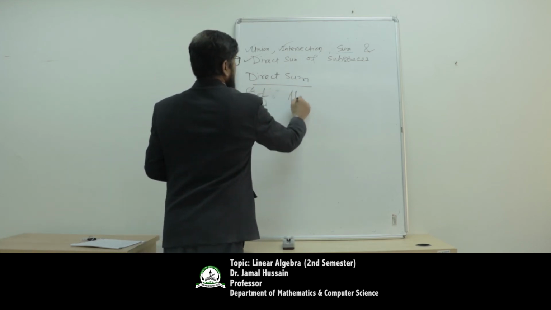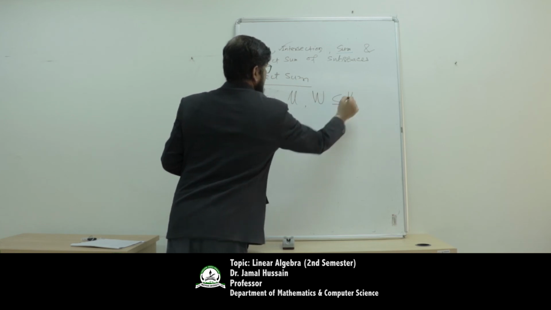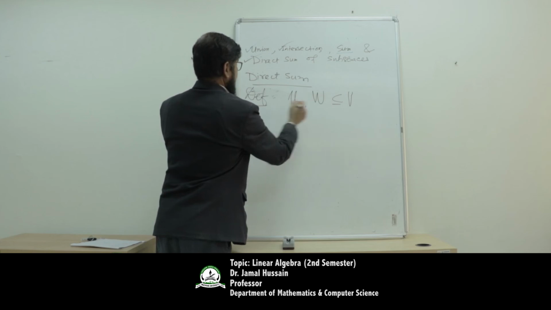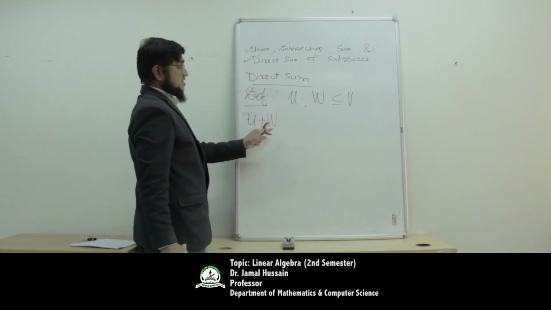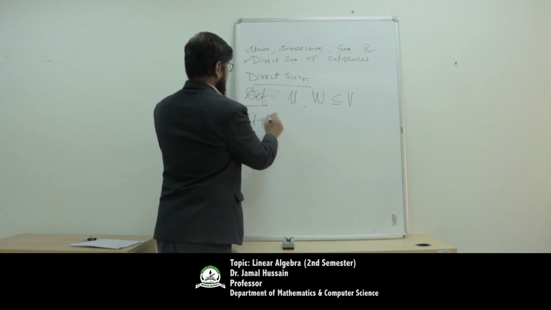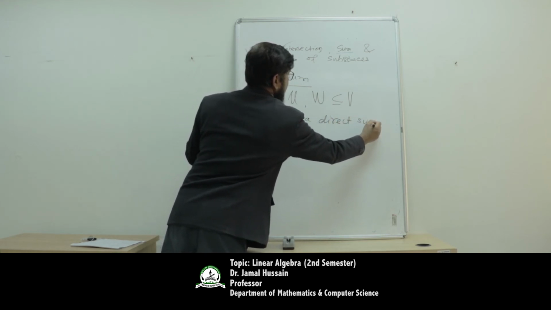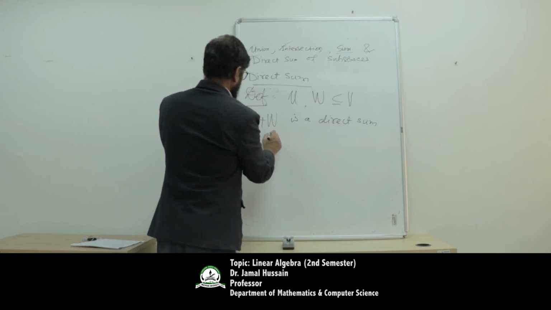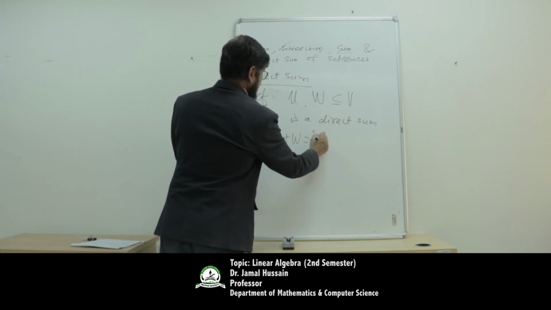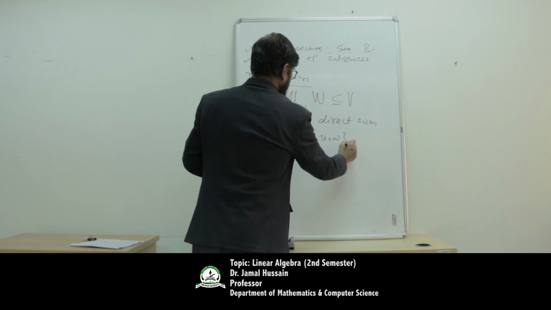Definition. Suppose U and W are two subspaces of V. Then we say U plus W, which is the sum of two spaces that I defined already, is a direct sum if every element of U plus W can be expressed as u plus w uniquely.